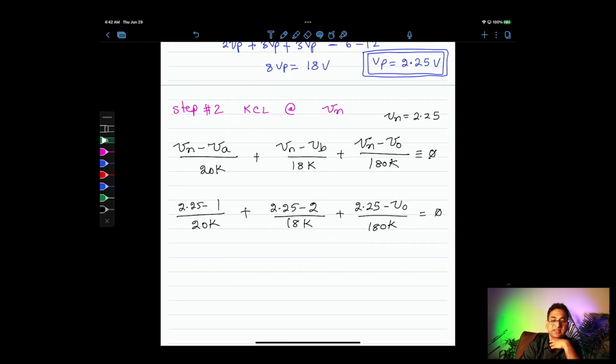Now multiply both sides of the equation by 180k.